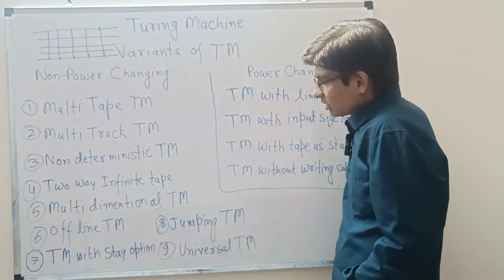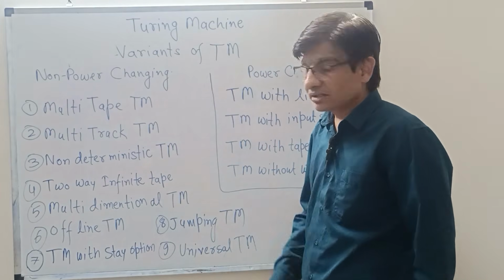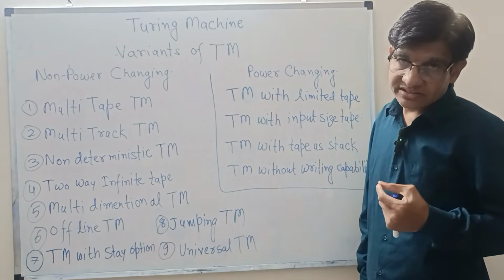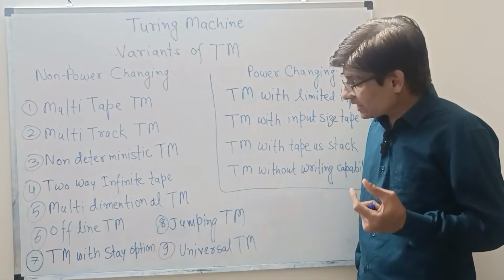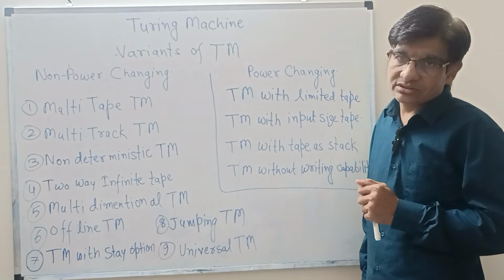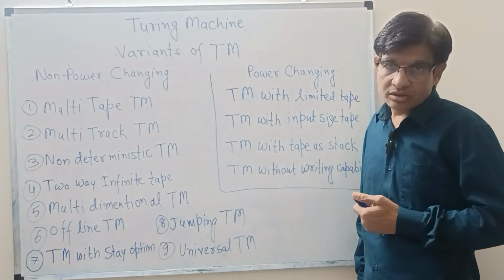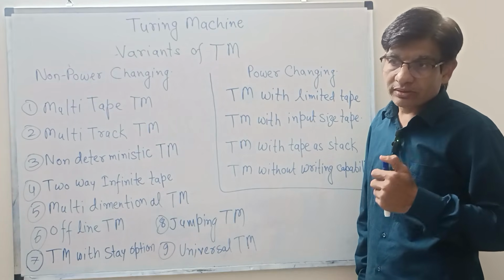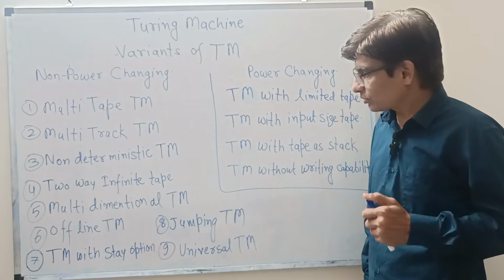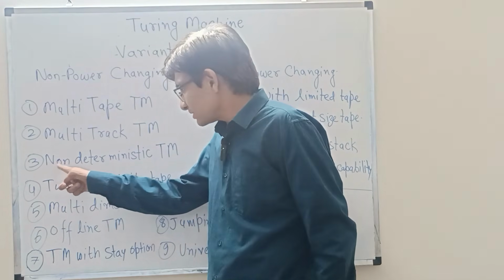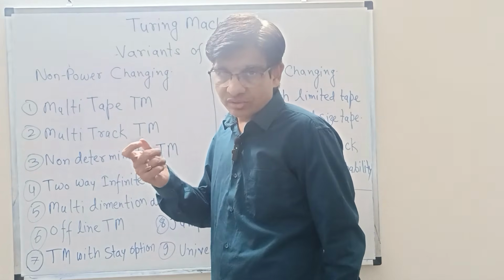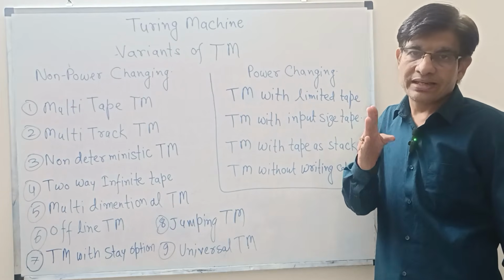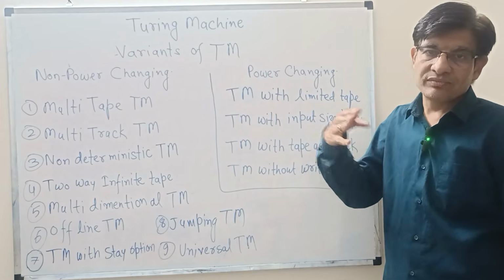So now third is non-deterministic Turing machine. Here for each combination of current state and present input, we can have more than one choice as a next state, or more than one choice as next move, whether to move left or move right. In a normal deterministic Turing machine, for one combination of input symbol and current state, we have exactly one next state.